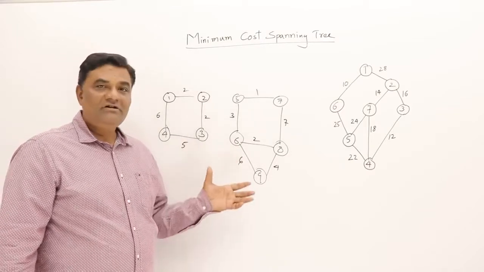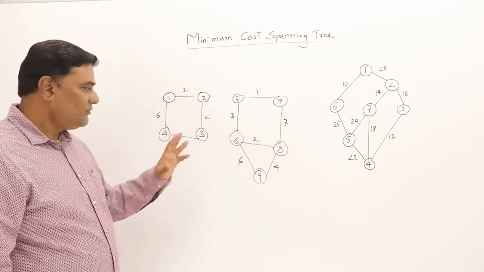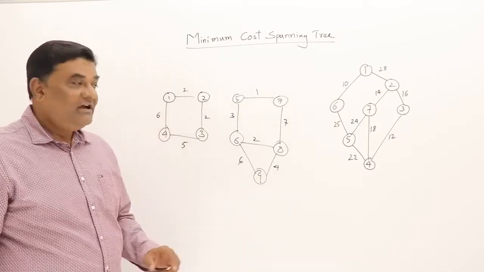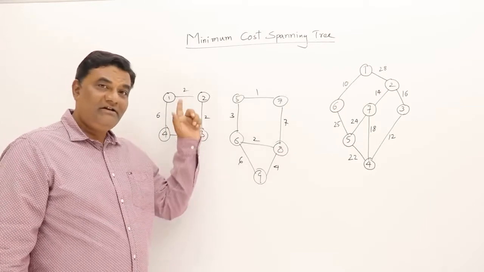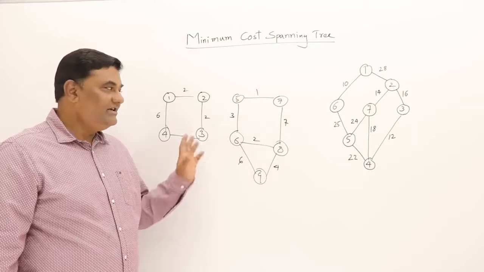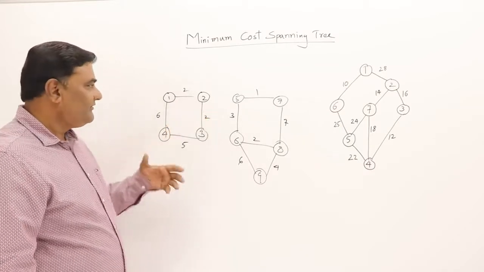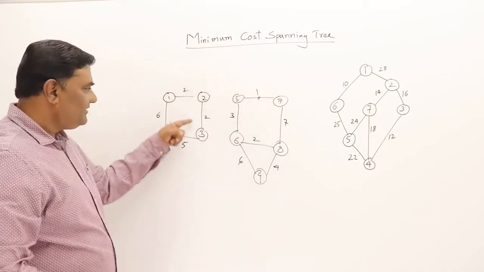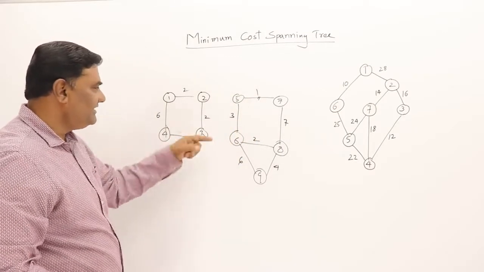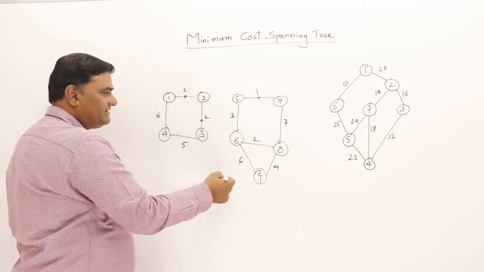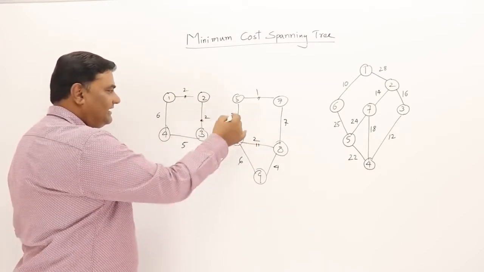Kruskal's algorithm will try to select the total number of edges, that is 9 minus 1, so it will try to select 8 edges. It will not form a spanning tree for the entire graph, but it may find the spanning tree for each component. Let us say the first minimum it selects is this one, then the next minimum, it has more than one edge. Let us say it selects this, and this, and this is the next minimum.